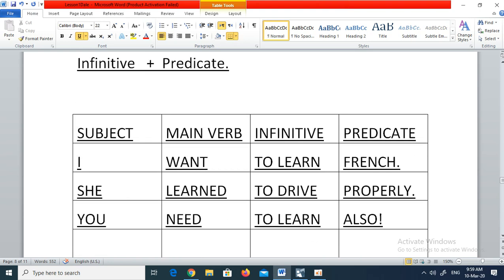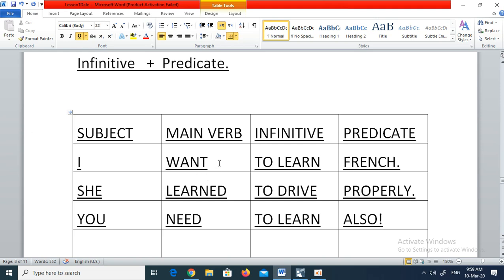All right. So if we look at example number 1, our subject in sentence number 1 is I. Our main verb is want. We have an infinitive, which in this case is to learn, and our predicate is French.